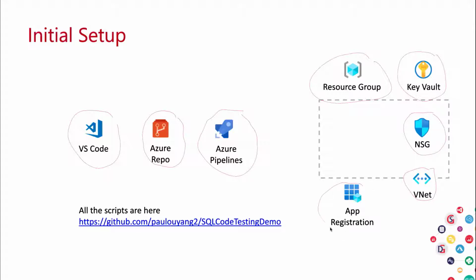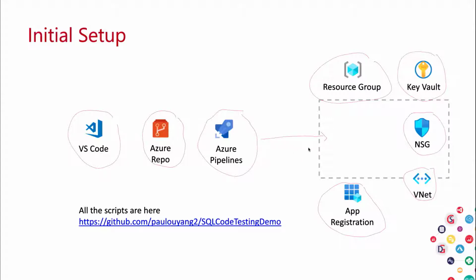And we are going to use the app registration, which is the configuration that we need for the service principal. The service principal is the account that we're going to use for automation. So the pipeline will have what we call a service connection to the Azure resources, which is also called a service endpoint.